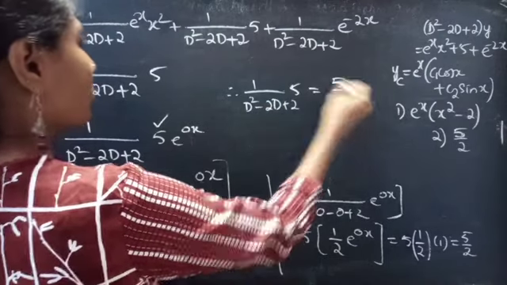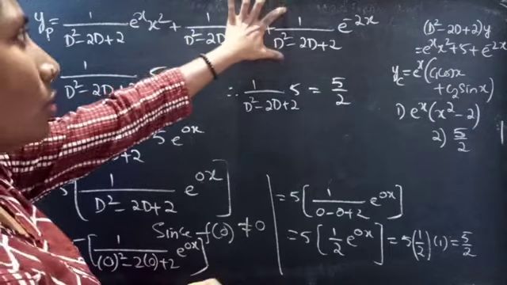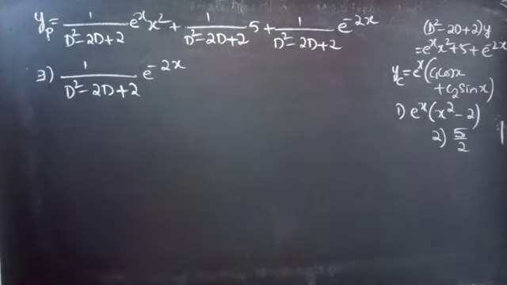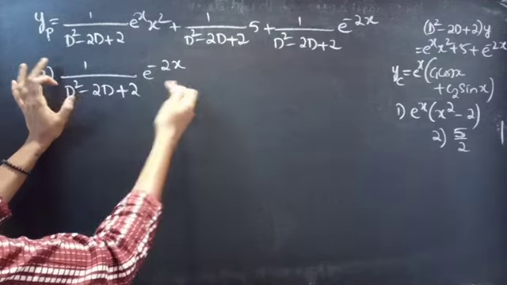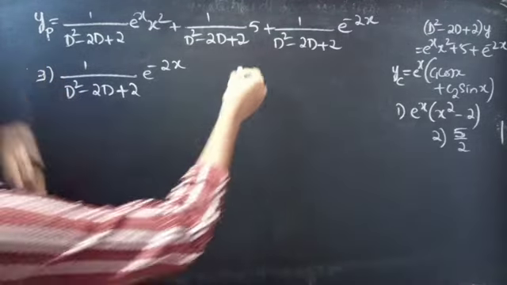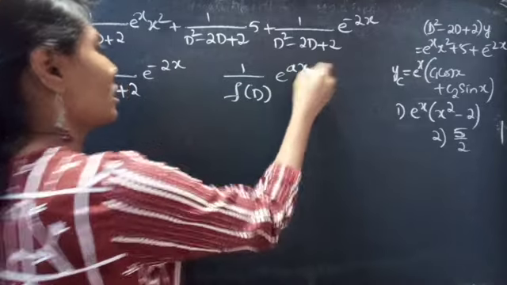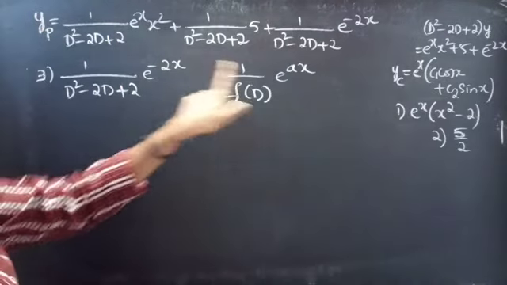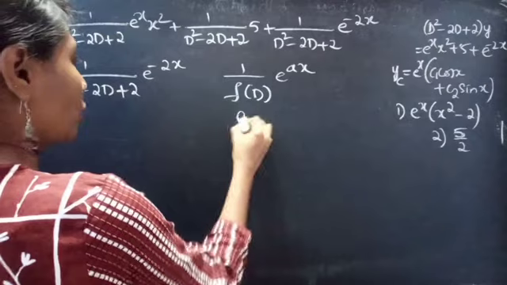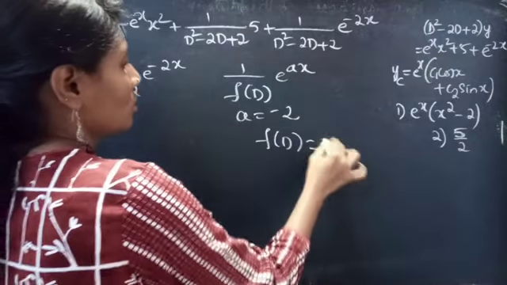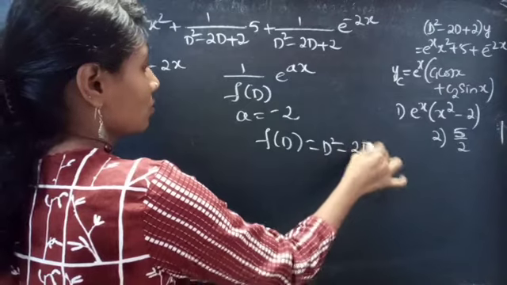5 by 2. Now coming to the third term. The third term is of 1 by f of D into e power ax form. Compare e power minus 2x with e power ax and we'll get a equals to minus 2. Here we have f of D equals to D square minus 2D plus 2.